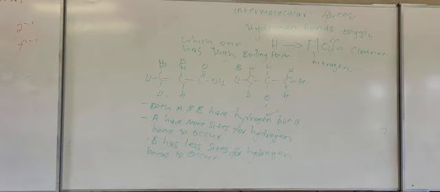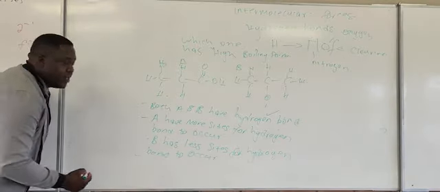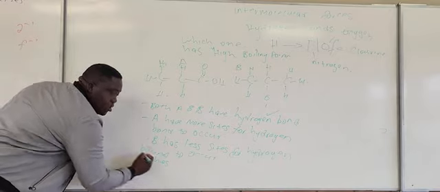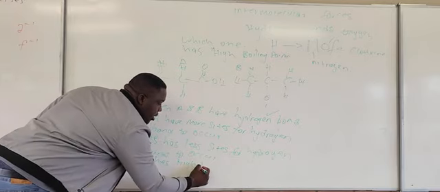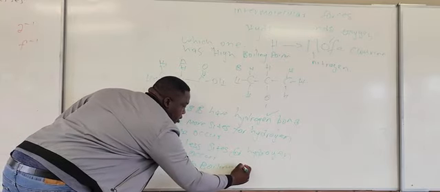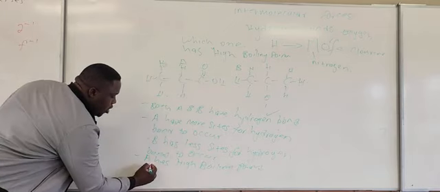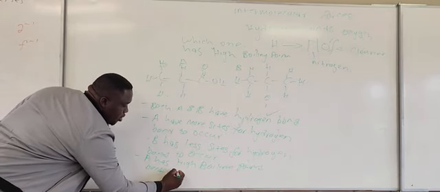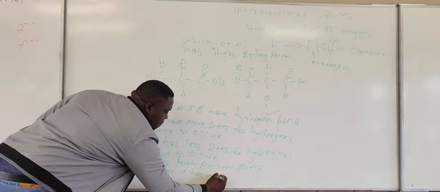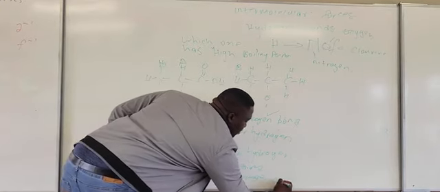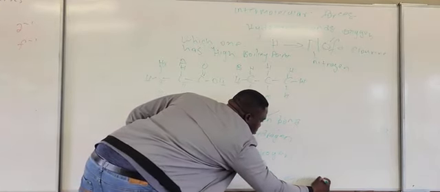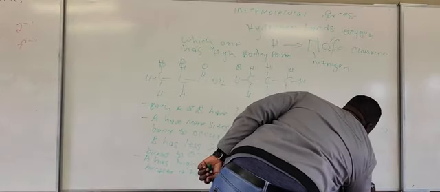You see, we have addressed the issue of the type of intermolecular force that occurs. We have addressed the issue of the sides. What does it mean? It means A has a high boiling point because it has stronger intermolecular forces.